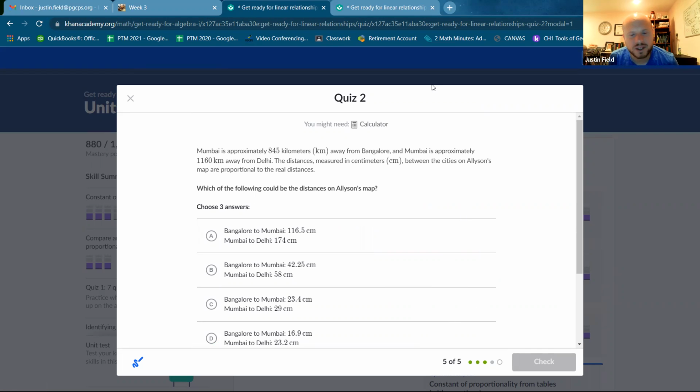Mumbai is approximately 845 kilometers away from Bangalore, and Mumbai is approximately 1,160 kilometers away from Delhi. The distances measured in centimeters between the cities on Allison's map are proportional to the real distances. Which of the following could be the distances on Allison's map? All right, so divide, and find the ones that match. You could do it.